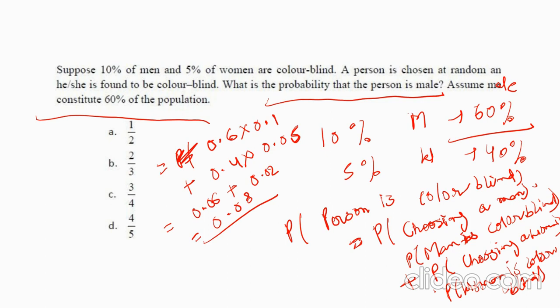Now up to this we have found that the person is colorblind. Now we want to find the probability that the person is male.